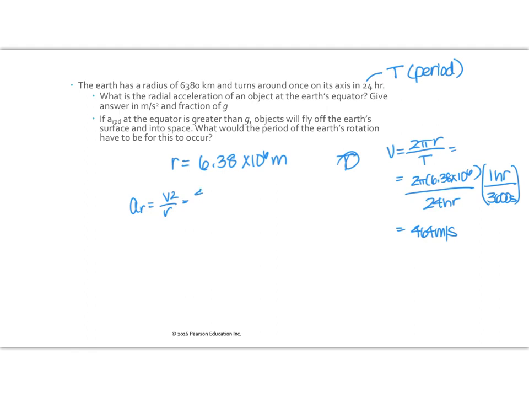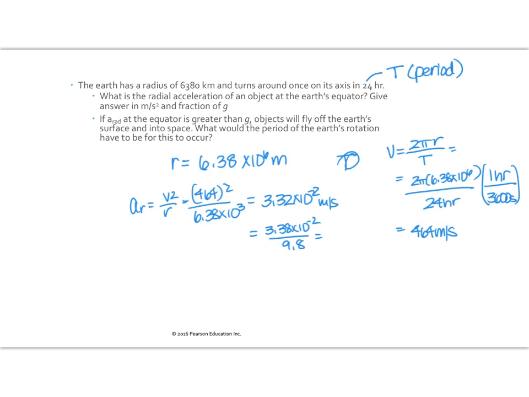So we have 464, square it, over the radius, 6.38 times 10 to the 6, and we have an acceleration of 3.32 times 10 to the minus 2 meters per second squared. That's really small. We want to express it in terms of g. We would take this 3.32 times 10 to the minus 2 divided by 9.8.